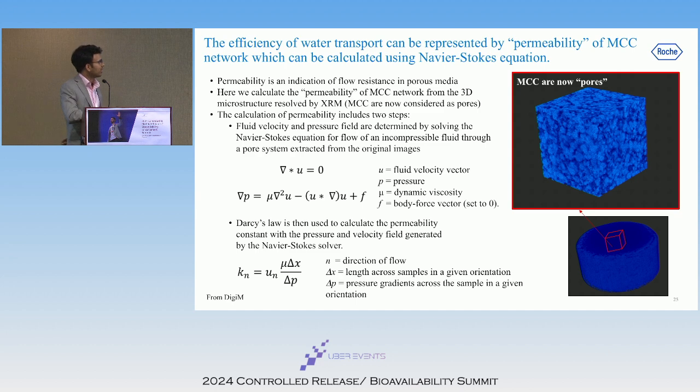In the first step, the Navier-Stokes equation was solved to obtain the fluid velocity and also the fluid pressure. In the second step, Darcy's law was used to evaluate the permeability rate constant.